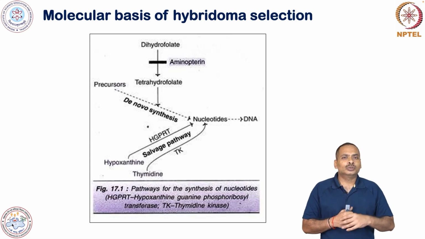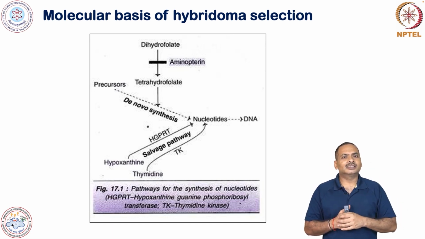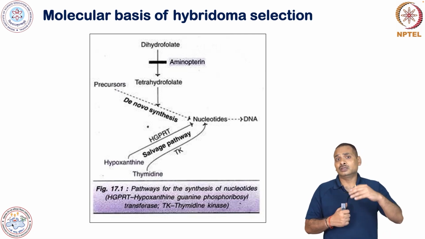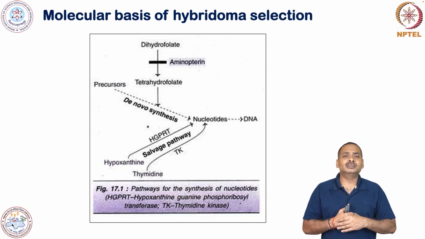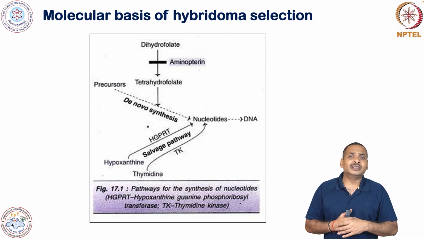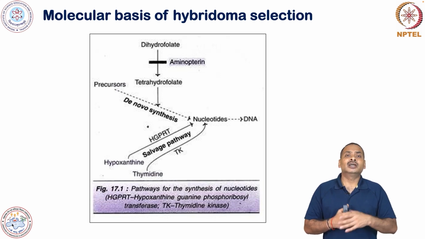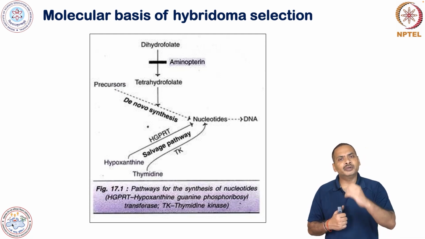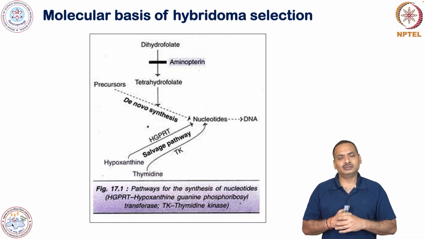So what we do, after fusion we put these cells on a special media which we call HAT media, which contains hypoxanthine, aminopterin and thymidine.